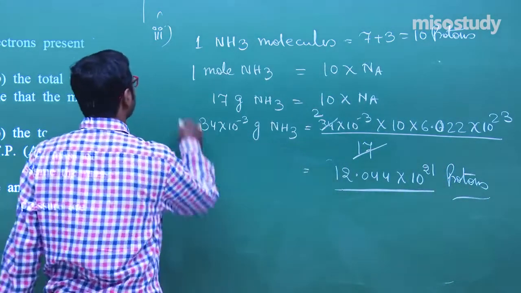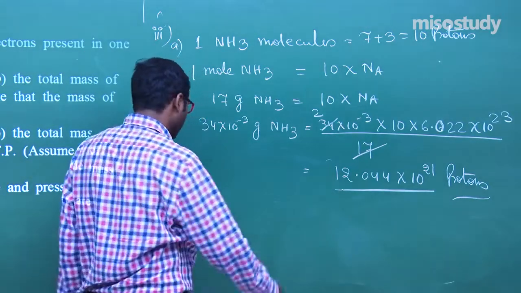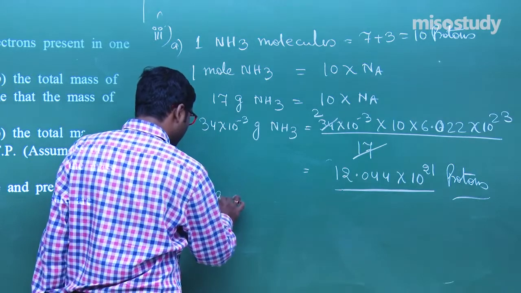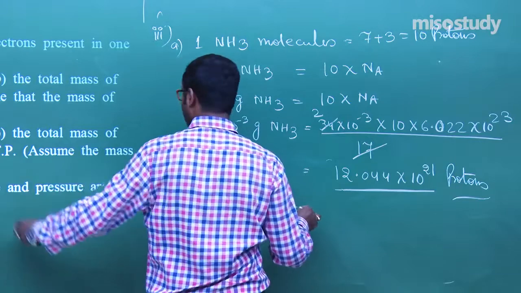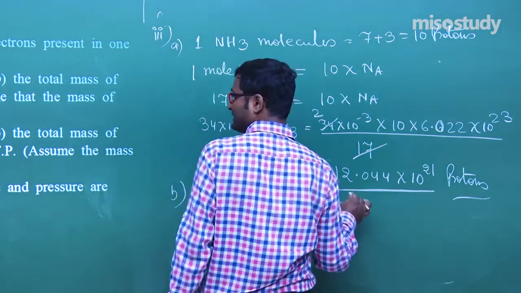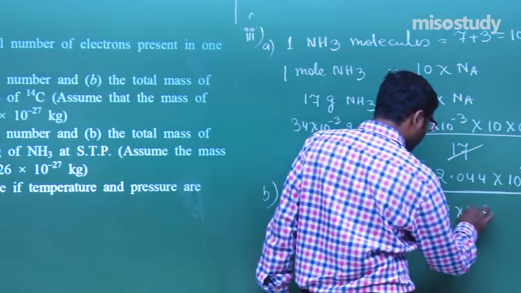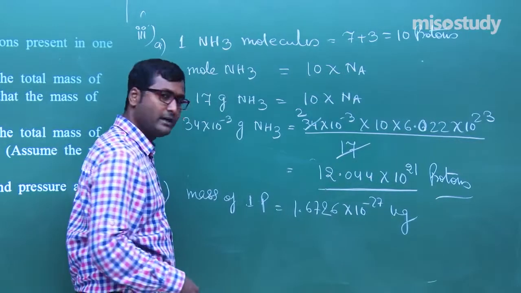Now, this is the first part. You have to find the mass also, right? As we know, the mass of one proton is equal to, given here, 1.6726 into 10 to the power minus 27 kg. Clear to you?